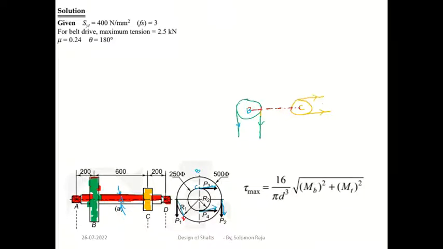They have given the speed of pulley B and the forces acting on pulley B. We can also find out the forces acting on pulley C. Based on the forces acting on pulleys B and C, and the reaction forces at bearings A and D, because the shaft is fixed on bearings A and D, we have to find out the diameter.